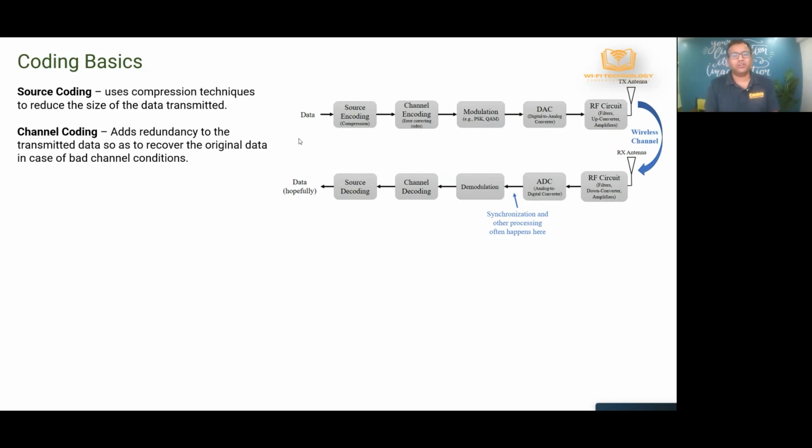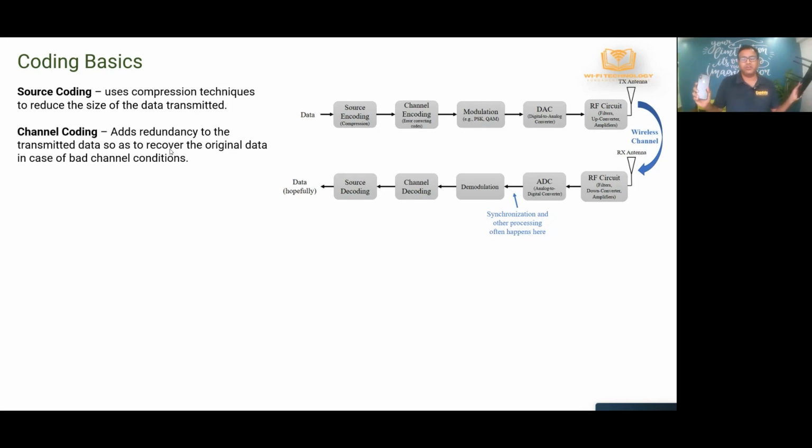Now, once that is done, that information, which is again ones and zeros, will be channel coded. So channel coding is the exact opposite of source coding. Instead of compressing it, it's adding redundancy. So why is it adding redundancy? Because remember that the channel may not be ideal between the transmitter and receiver.